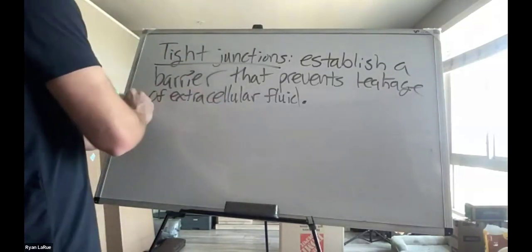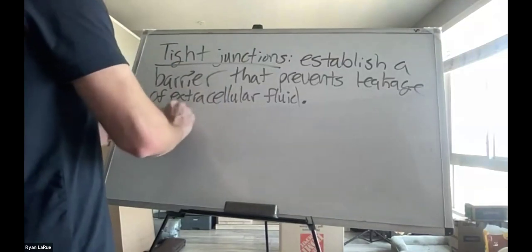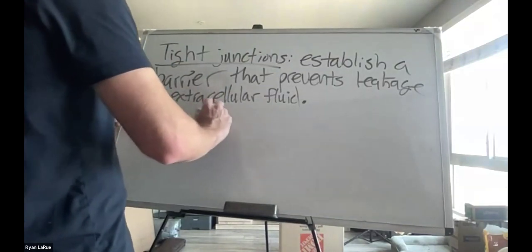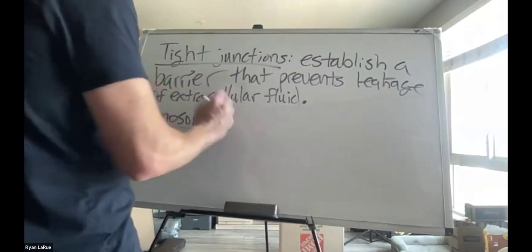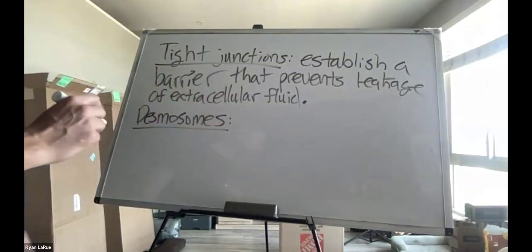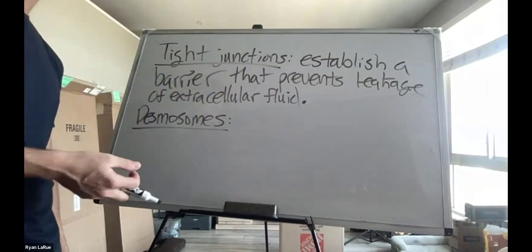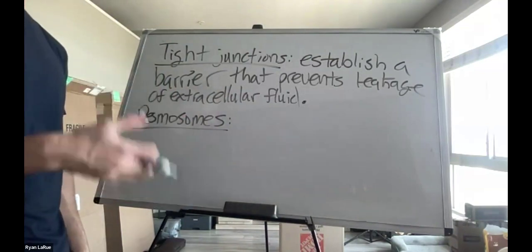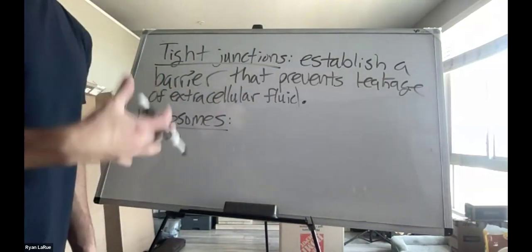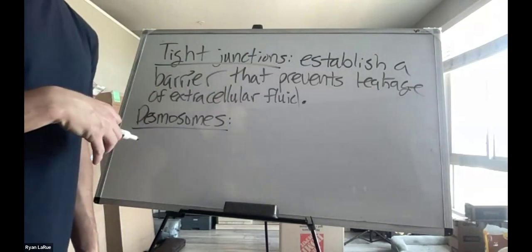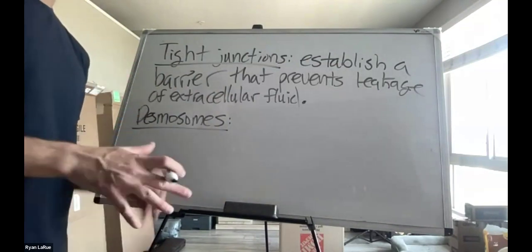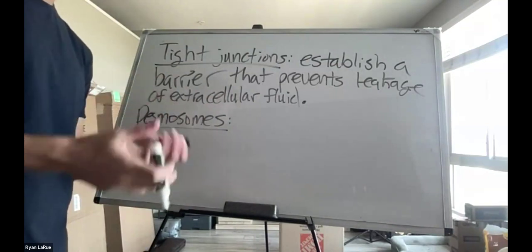They have a similar kind of function, but a slight difference. These are like anchors to me. The desmosomes are like anchors. So you're going to find desmosomes in cells that endure a lot of stress and force and tension.